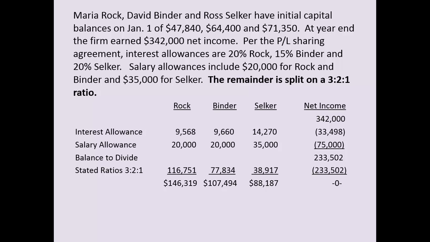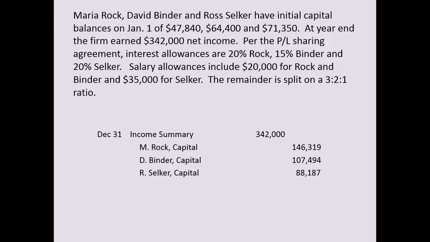Now you can go back to the drawing board and renegotiate, change your partnership agreement, but that's up to the partners. And this would be your journal entry under this example with interest allowance, salary allowance, and the remaining split on a 3-2-1 ratio.